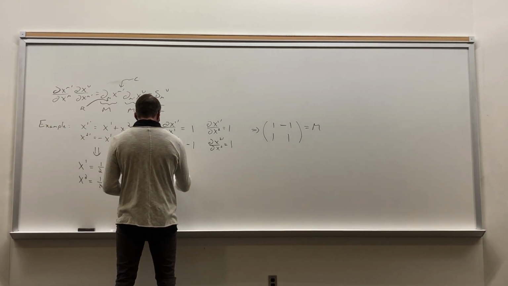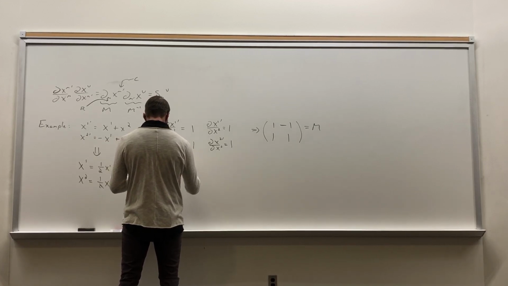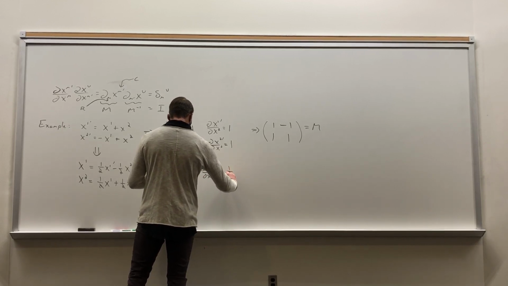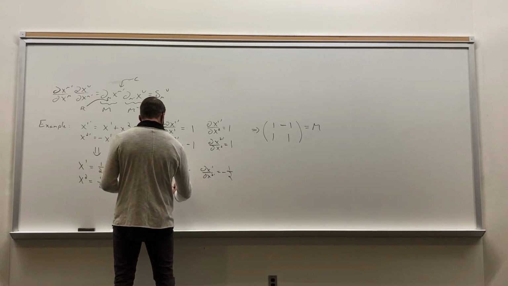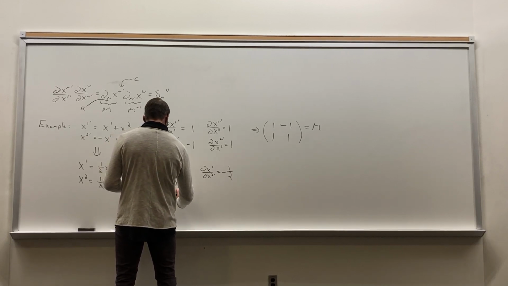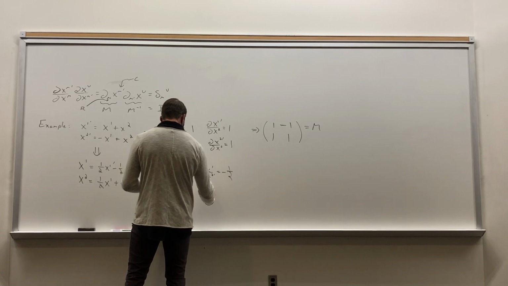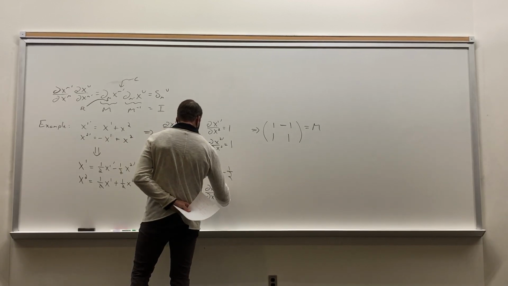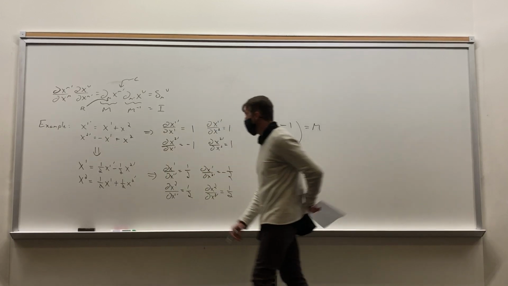So if we execute the derivatives here, then what we find is dx1 dx1 prime is 1/2, dx1 dx2 prime is minus 1/2, dx2 dx1 prime is 1/2, and dx2 dx2 prime is 1/2, okay?